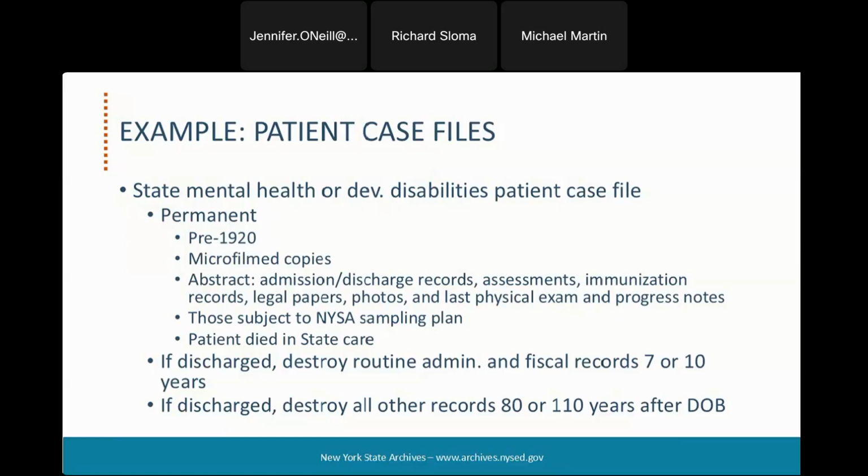You can see that there are certain elements of the case file that are permanent, and that some case files have been microfilmed and some are in paper. When someone dies or is discharged, that kicks in a retention schedule of 7 to 10 years for routine administrative and fiscal records. And then core records can be destroyed 80 to 110 years after date of birth.